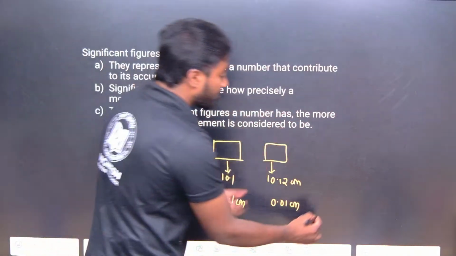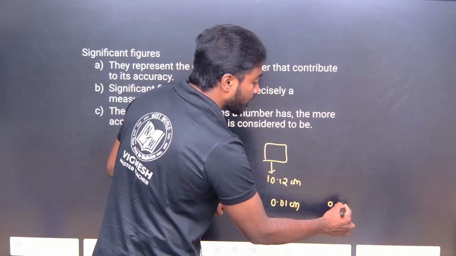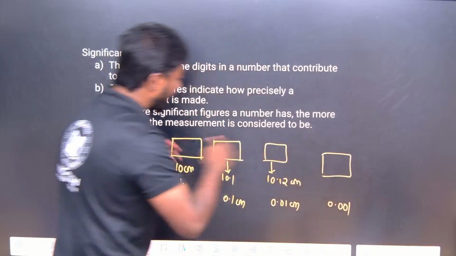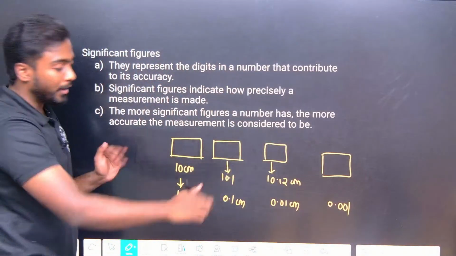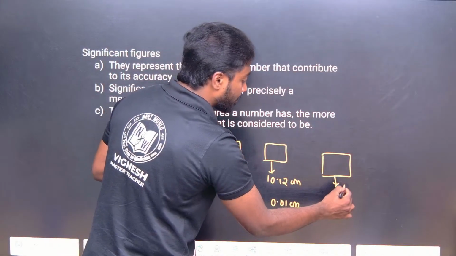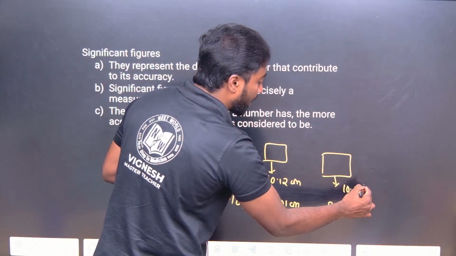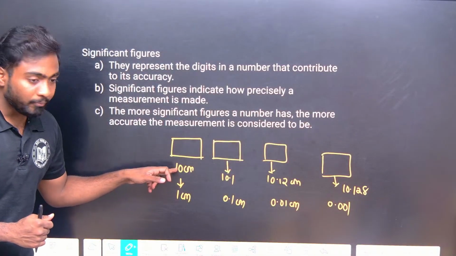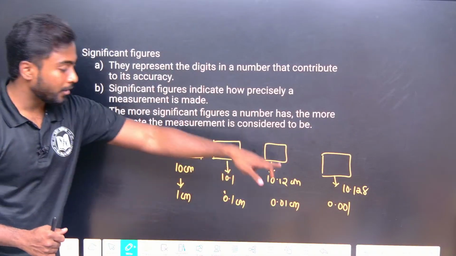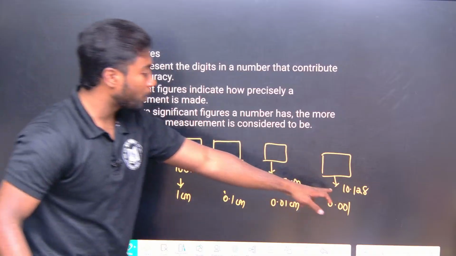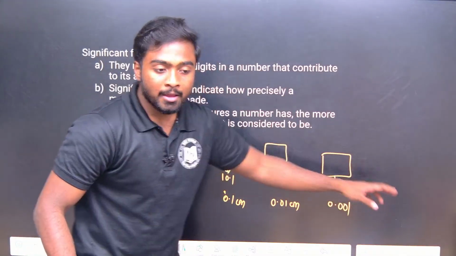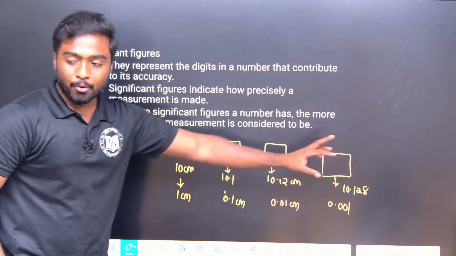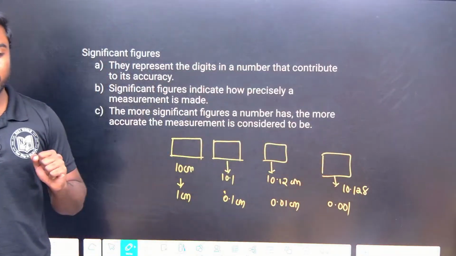Again I am taking some other least count, 0.001. Now I am measuring the same object, everything is the same object. So now I am getting 10.128. So I get 10, 10.1, 10.12, and 10.128. When I take the smaller least count, I get more significant figures, more accurate.